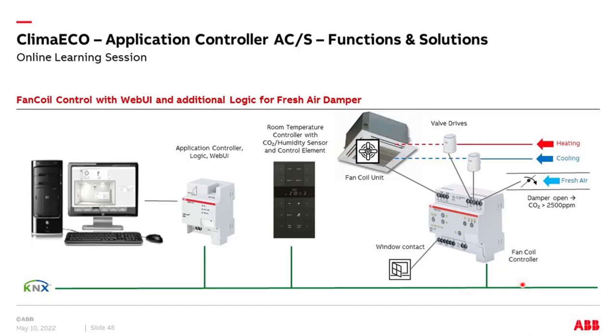We have a simple fan coil controller with our operating element based on KNX, nothing else. Typically we control the valve and the fan speed, but normally we do not control how much fresh air has to come into the room, because this is normally done centrally by another solution in a simple KNX solution first of all.